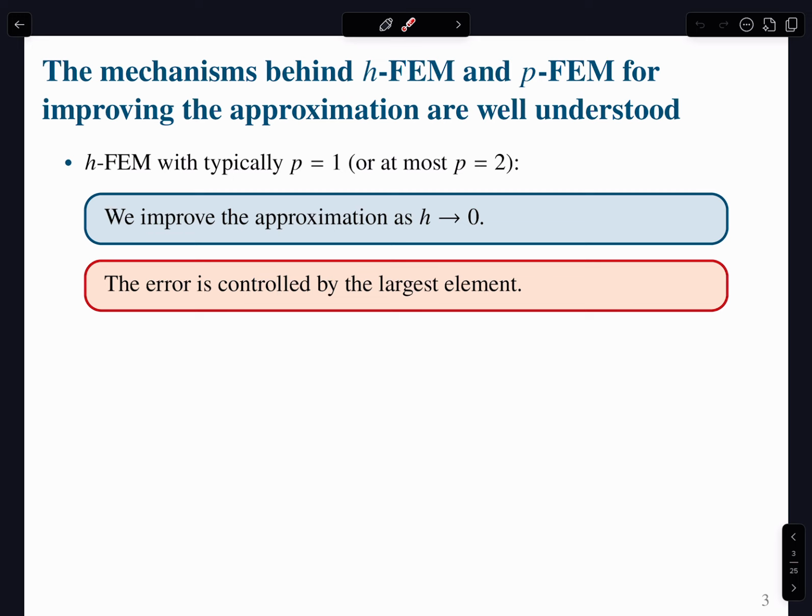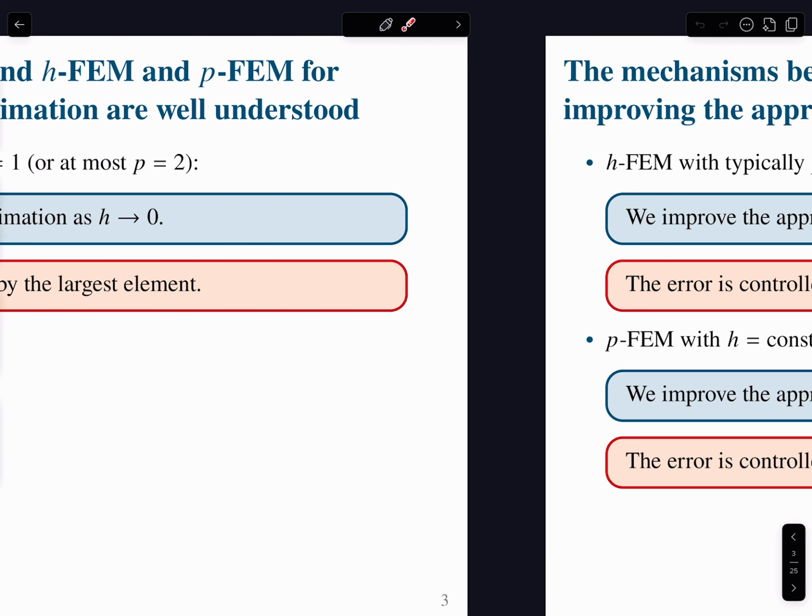Of course, there is a subtlety there because sometimes the error may be very, very high in regions where you have a high stress concentration, and you still have a smaller mesh size than in other parts of the domain where your solution is smoother, but you have a larger element size. But in any case, if you assume that your problem is smooth, your error is always going to be controlled by the largest element size. Okay, so that is the mechanism behind h-FEM.